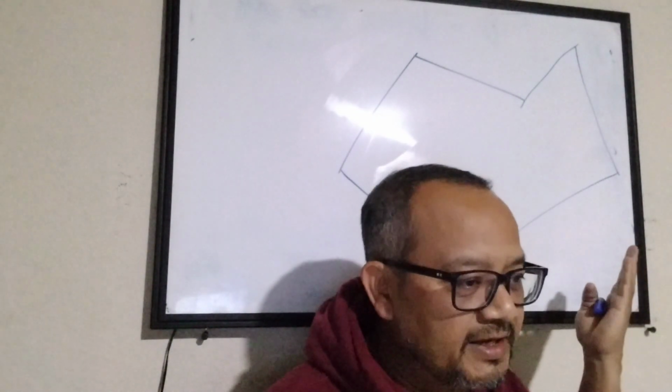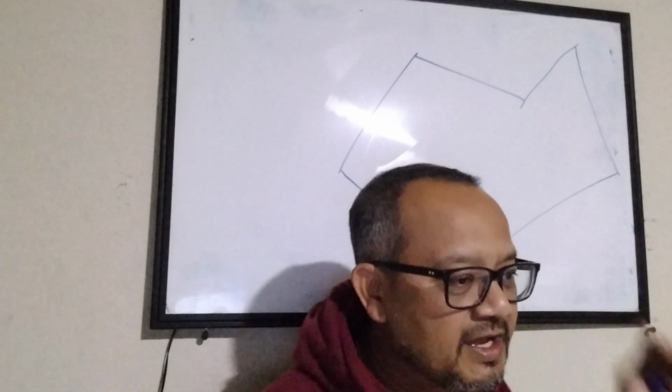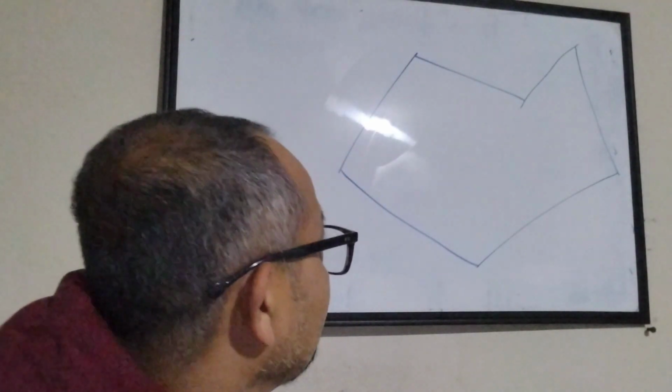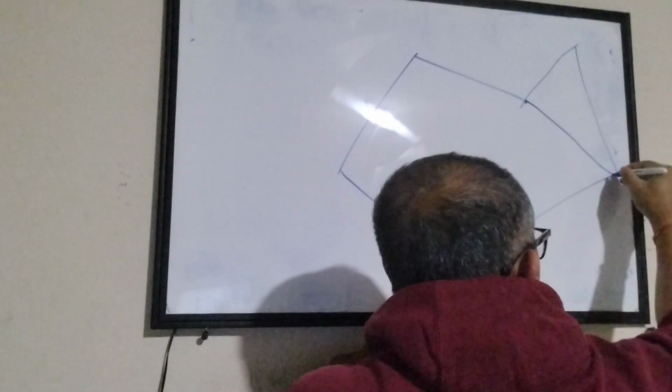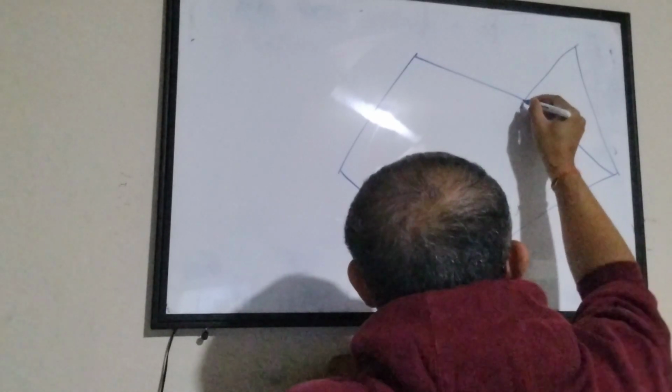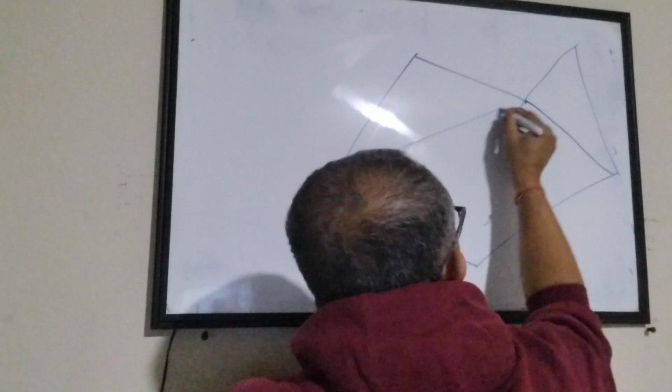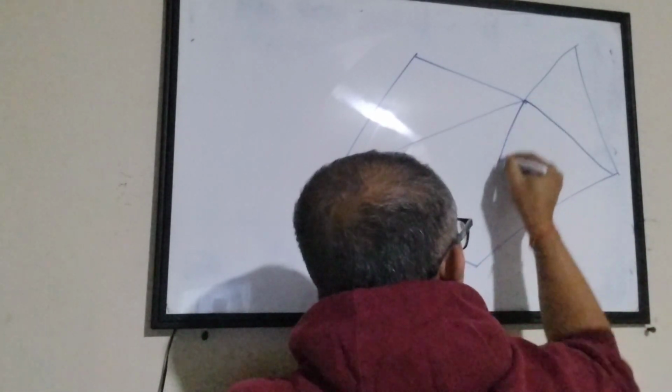There's no way you can find a formula for the area of this one. But you always have an option. You join the vertices and try breaking this into simpler shapes that you are comfortable with.